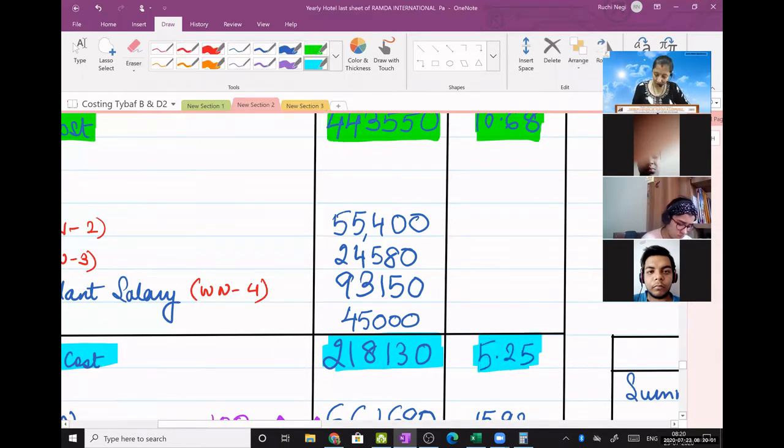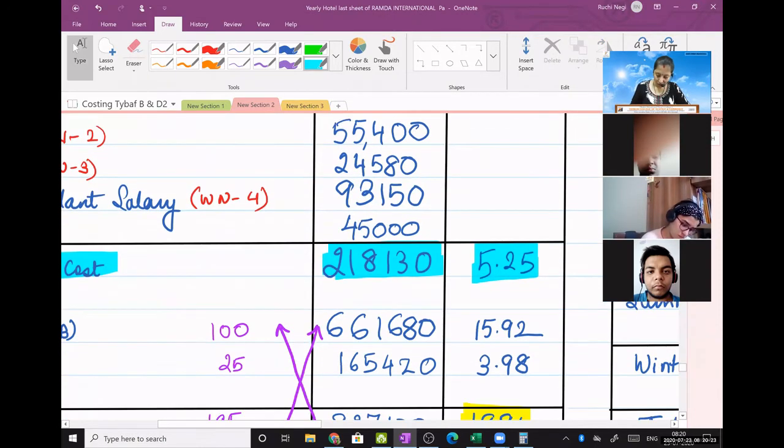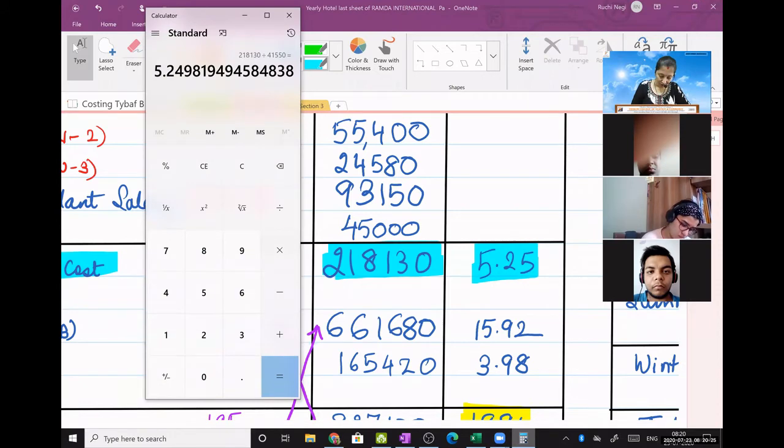So this is my cost per unit of variable cost. Next, my cost price, 6,61,680 divided by 41,550: 15.924, 15.92, round off.